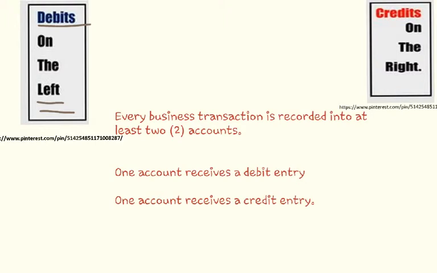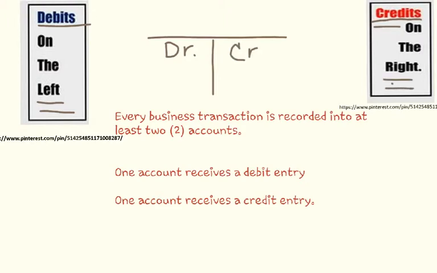Debit just means on the left. So if you're looking at your T account, on the left is always the debit side, and that's the abbreviation for debit. Now, credits, on the other hand, are always on the right side. So your credits always go over here. And again, as we showed in the slide before, the title of the account goes there.